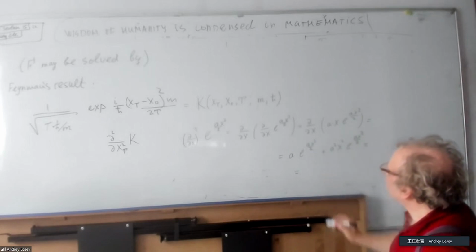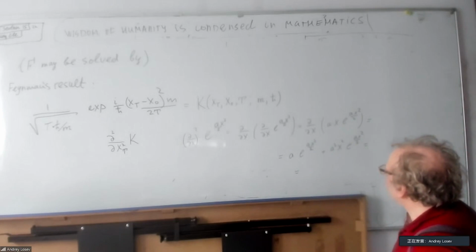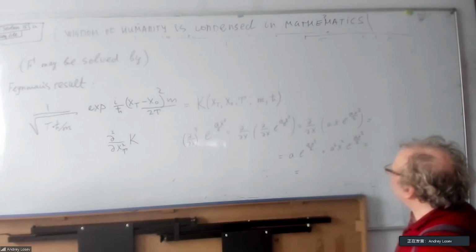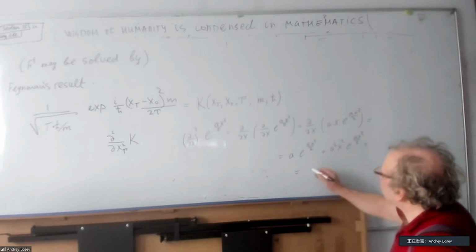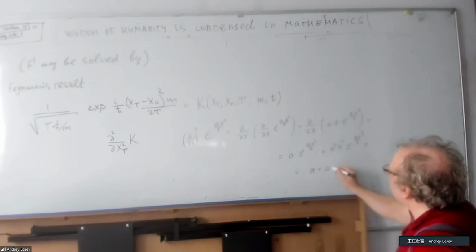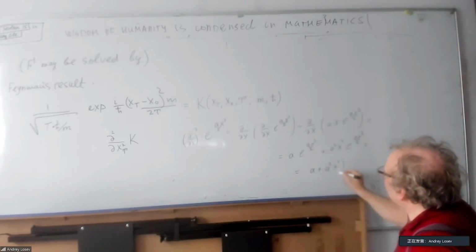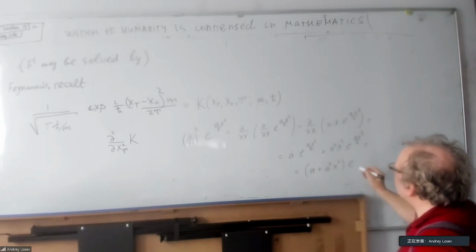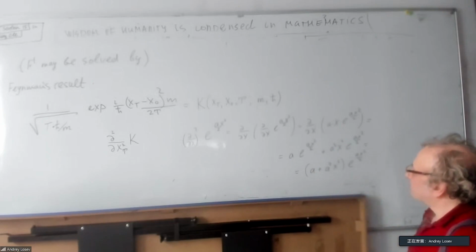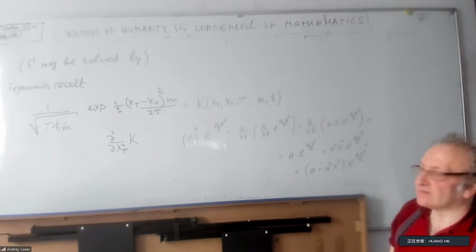So altogether, without any simplifications, I'm getting a plus a squared x squared, times e to the a x squared over 2. Sounds good.